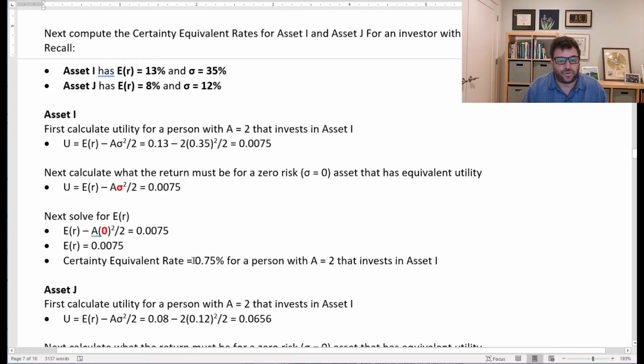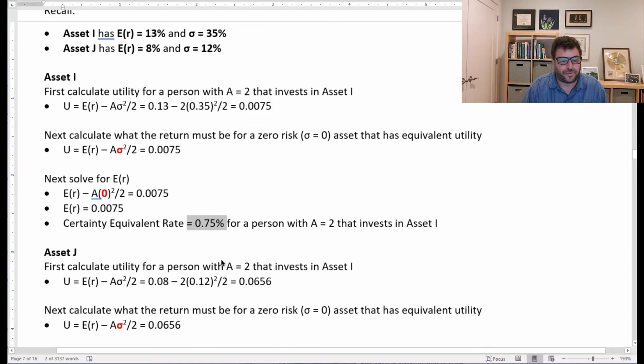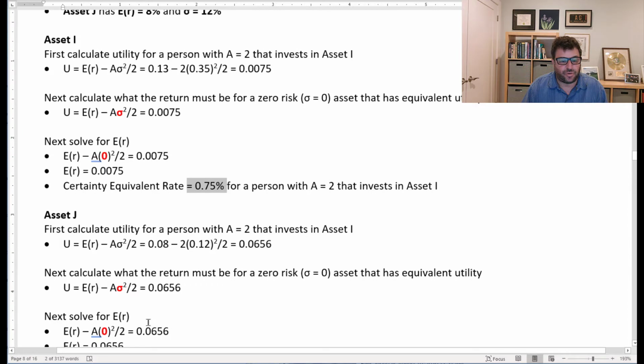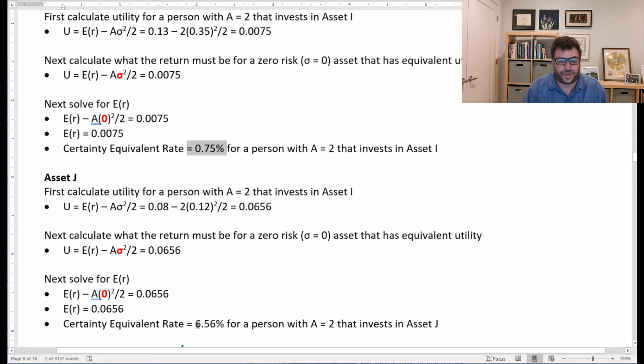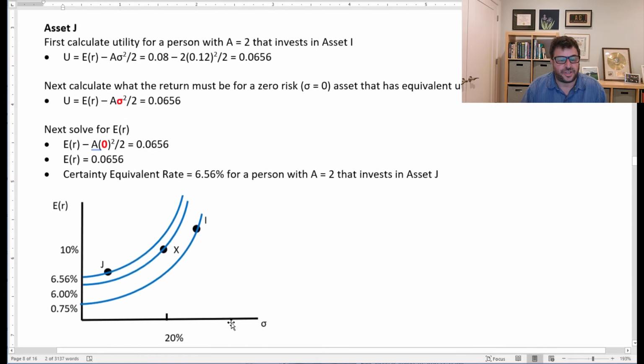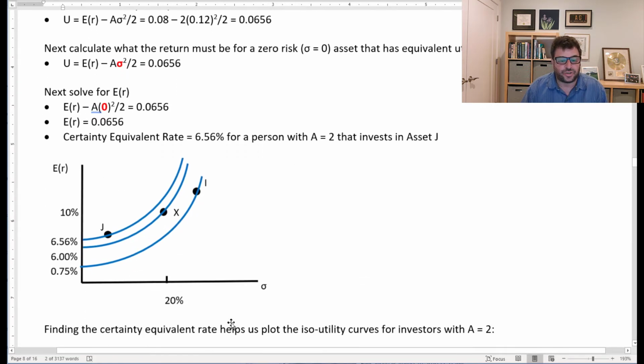And for asset J, the certainty equivalent rate is 6.56%.